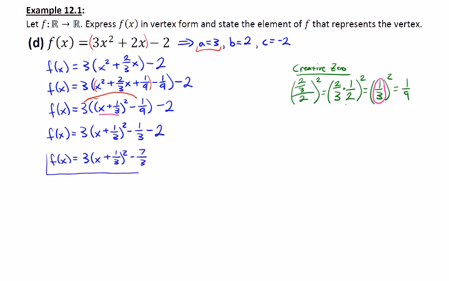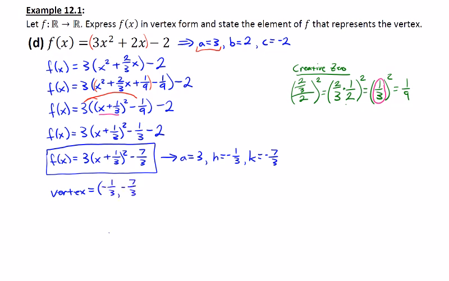And that represents the vertex form for f of x. And we can also say that a is still equal to 3, h is now negative 1/3, and k is negative 7/3. So we get the vertex location at the ordered pair negative 1/3, comma negative 7/3. And that completes example 12.1, part D.